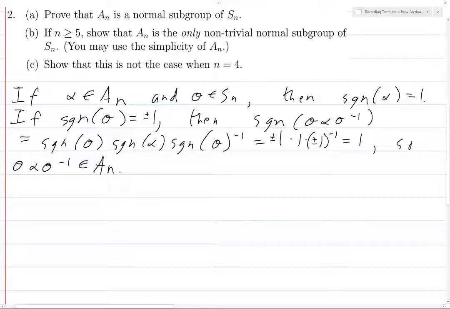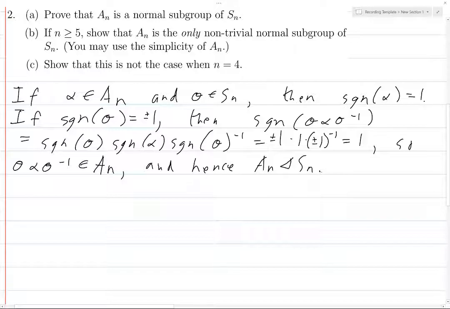Of course, taking the inverse of plus or minus 1 is not going to change it at all, and so we're going to end up with 1. And hence A_n is normal in S_n. So there we go, that's part A.